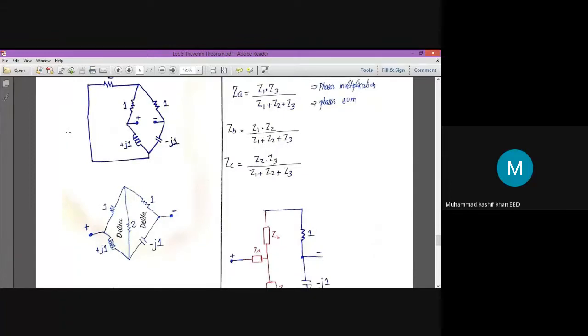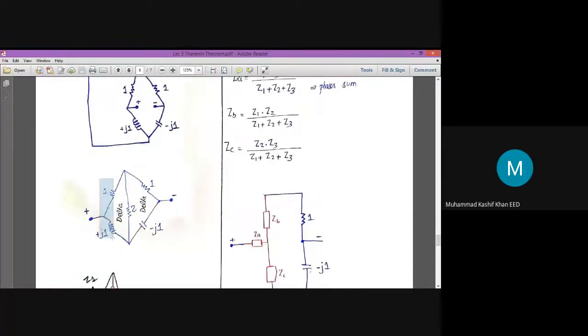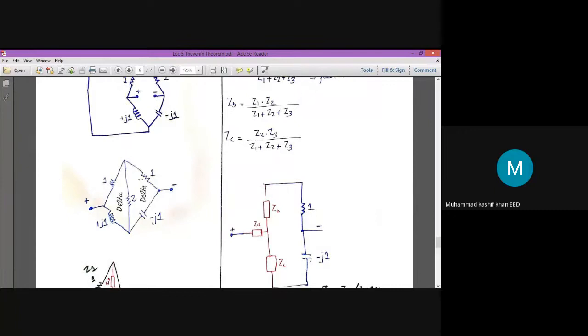Now in this circuit, we are getting 2 delta networks. This is a delta network and this is again a delta network. So whenever you come across such symmetry, you cannot find the equivalent impedance with a simple series or parallel combination. You have to go for star delta conversion. You have to convert at least one delta network into a star network.